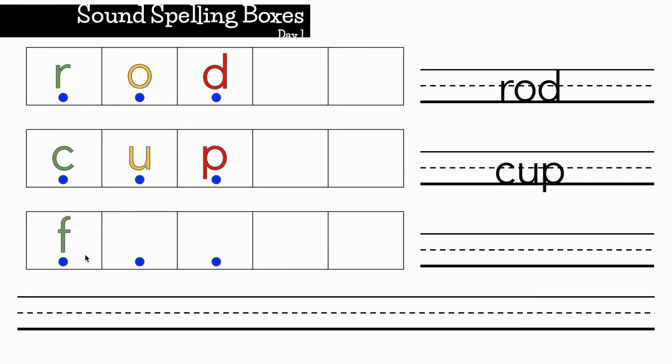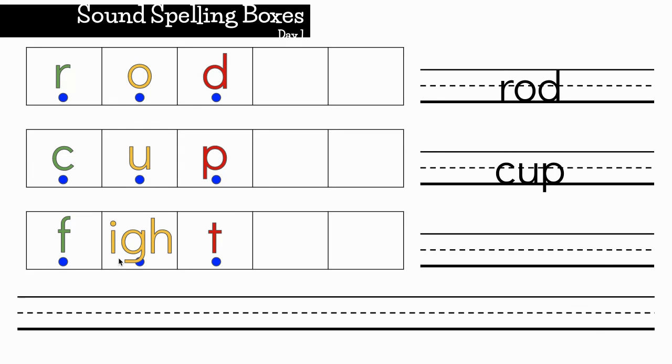F is represented by F. The long I sound, I, is represented by 3 letters in this word. I-G-H. So all 3 letters are going to go into this sound box because this sound box represents the sound I. And last, we have T, which is T. So notice the F is the only letter that makes the F sound in this word.